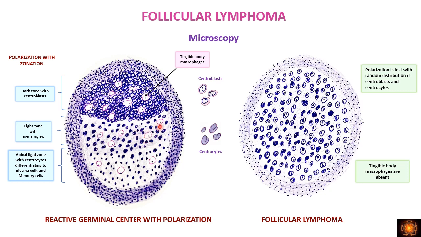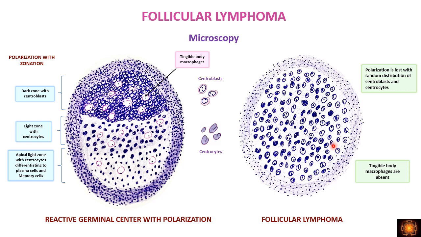So we have many tingible body macrophages in the reactive follicles, in the germinal center of the secondary follicles. Whereas when we see the follicle in follicular lymphoma, we don't have the zonation.